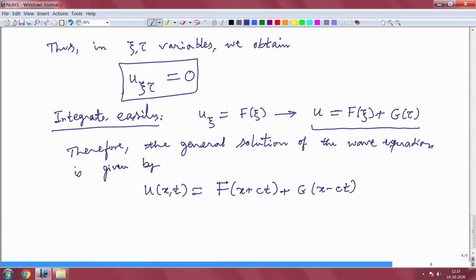C2 means two times continuously differentiable functions.